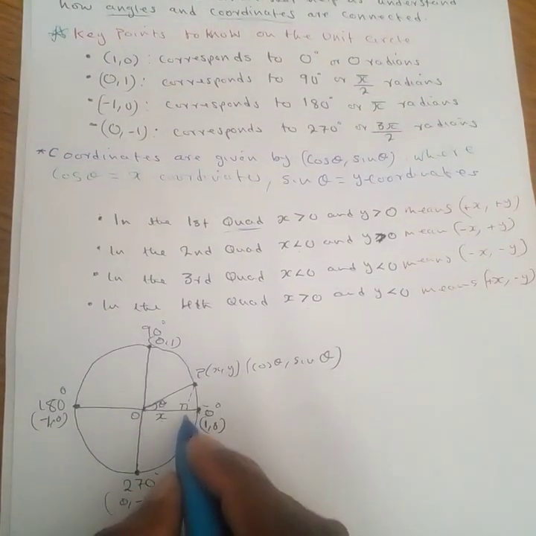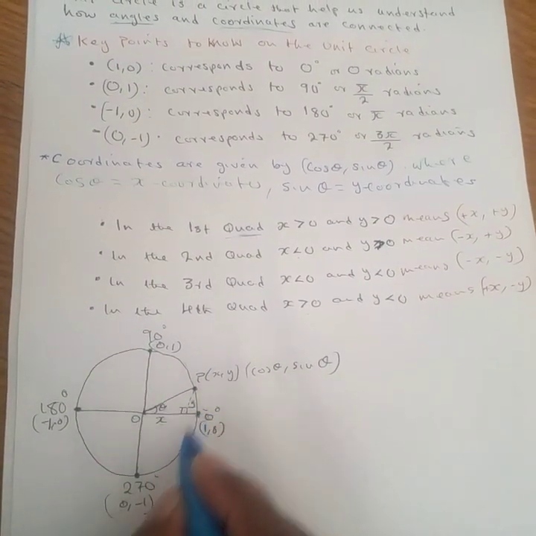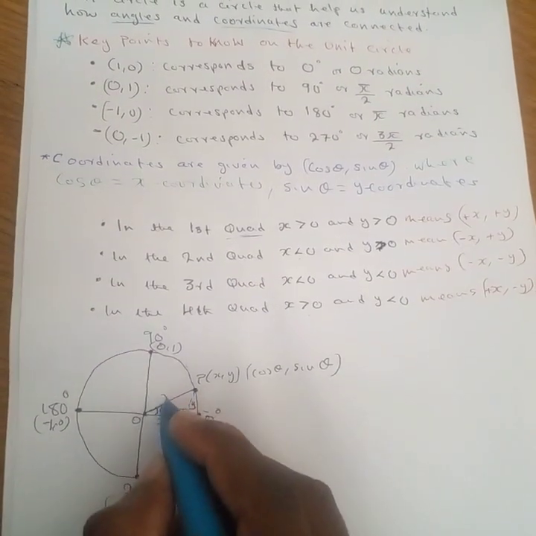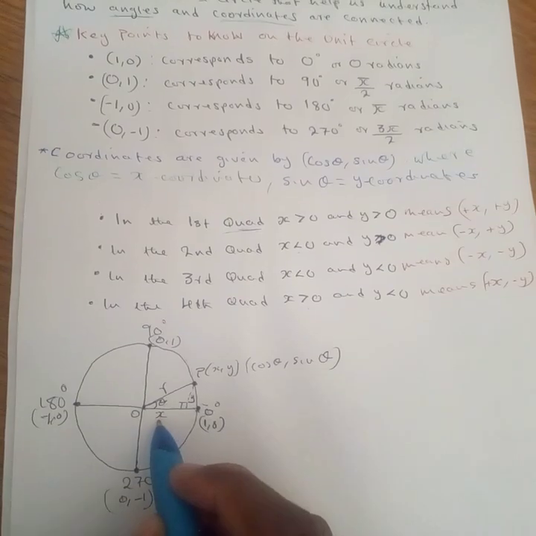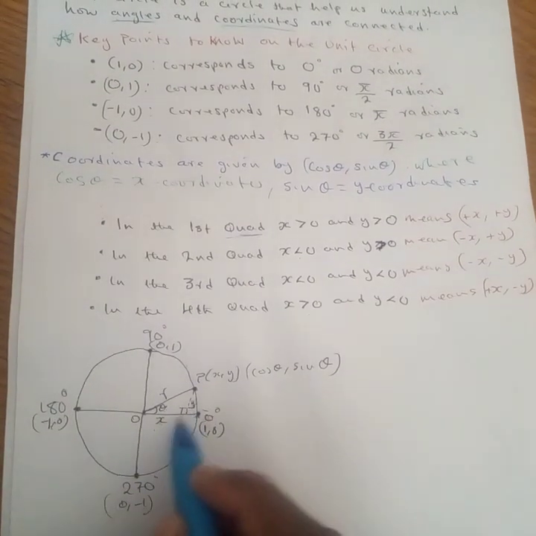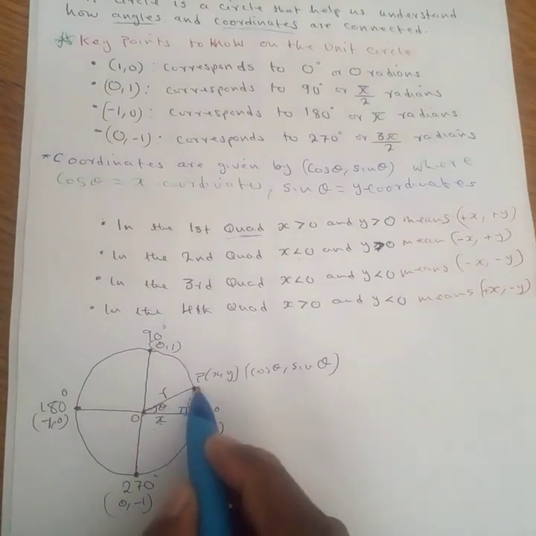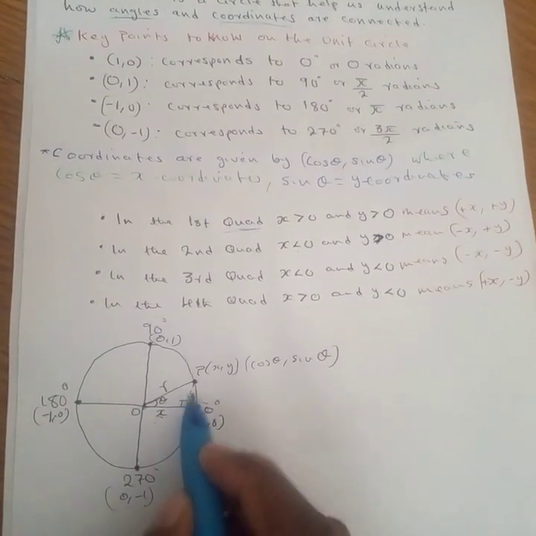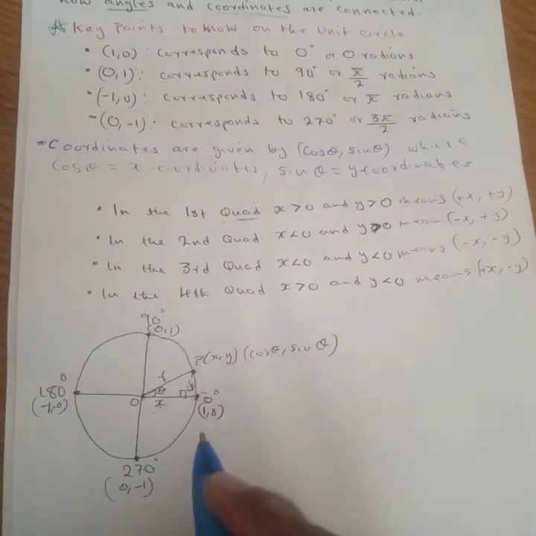Then the vertical line, this side, will be our y, and this side will be our radius. Hence, in order for us to find the coordinates (x, y), we follow this relationship. So we need to know the value from here to there and the value from there to there. So once we know the values, we just replace and find our coordinates, and we are done.